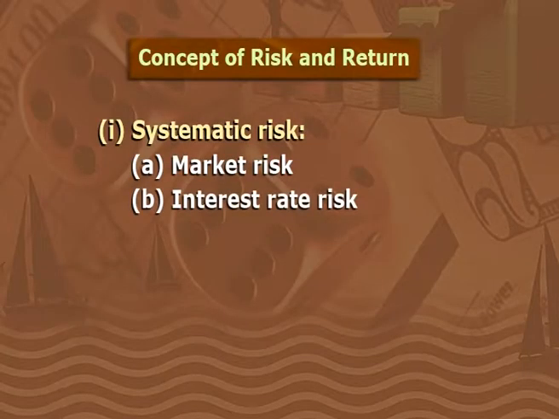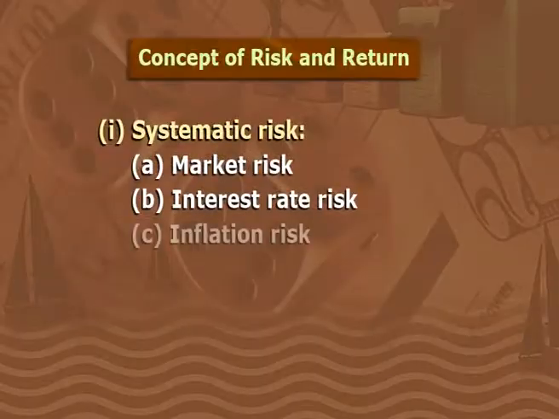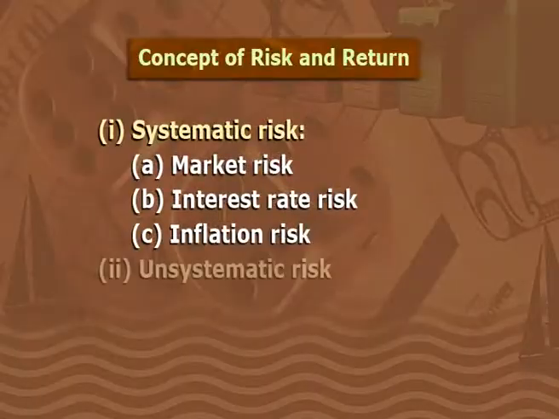Market risk refers to overall changes like recession, demonetization, tense political situations, etc. Interest rate risk. It refers to changes in the general level of interest rates in the market. Inflation risk. It refers to general upward movement in commodity prices, reducing the purchasing power of investors.